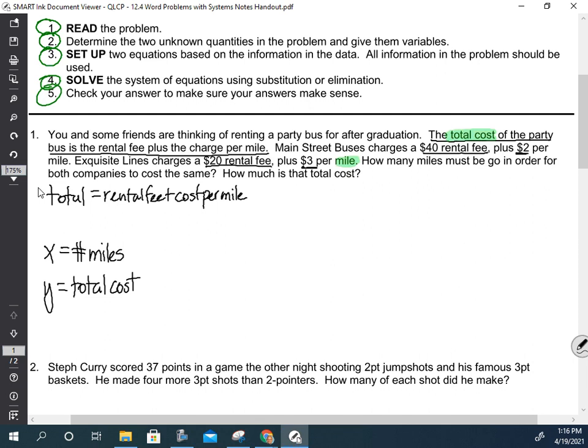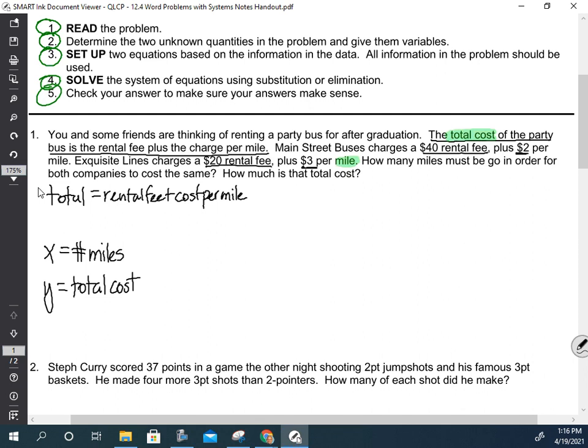Any questions so far? Again, primarily the hardest part about a word problem is that you have to read it.